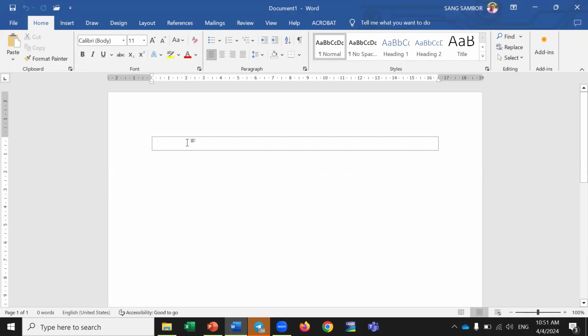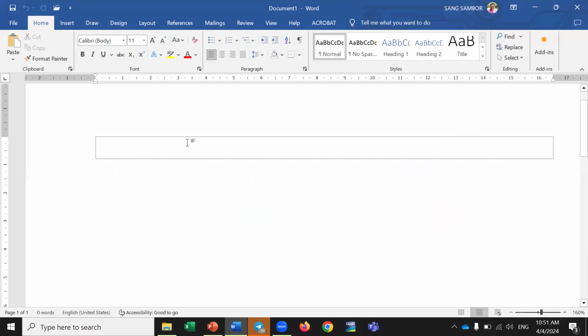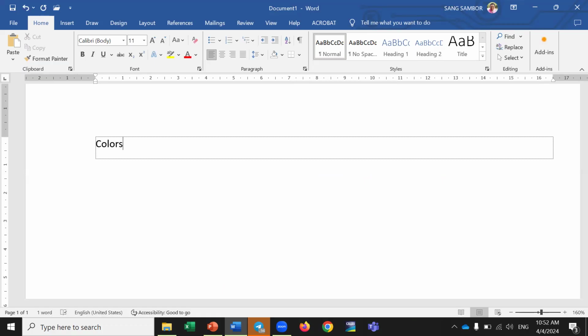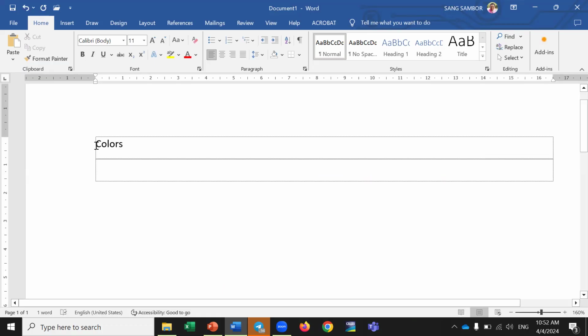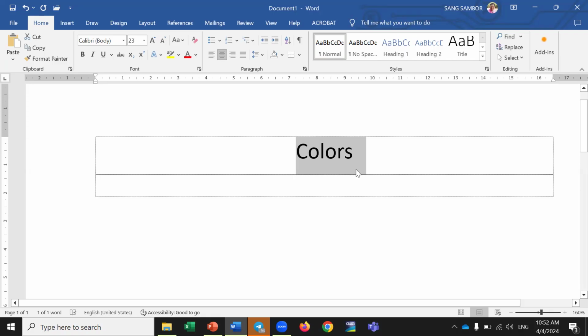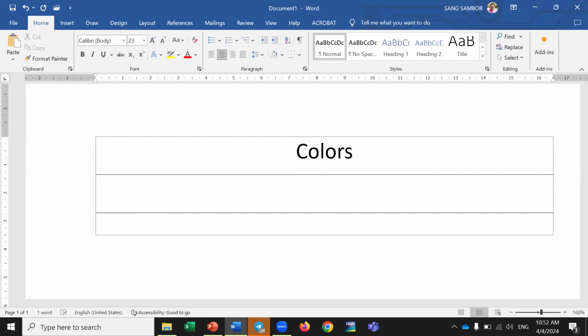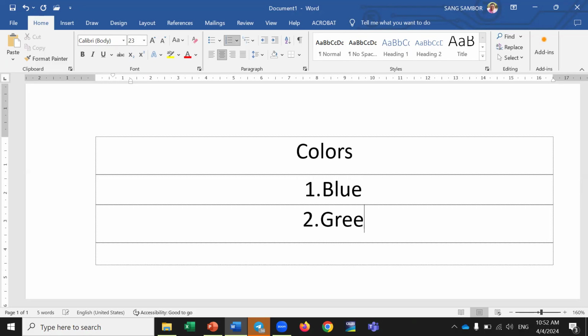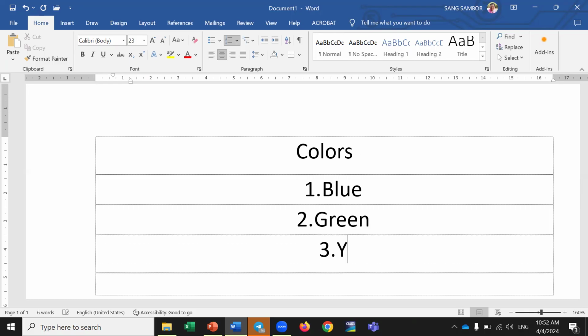Superordinate or co-hyponym. Now, let's have a look at the word color. You know color, right? Yes. Okay, color. Let me make this one bigger. So the term color, you may have, say, blue, right? Green, yellow.